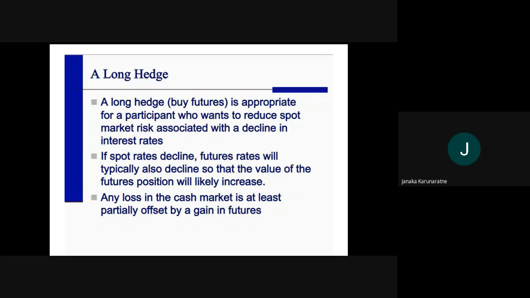In a market, there are buyers, there are sellers. You may not be able to sell at the price you want. If you want to sell 10 shares at 15 rupees, there may not be a buyer at 15 rupees, but there may be a price for that. At the market price, you can sell. So there are buyers and sellers.